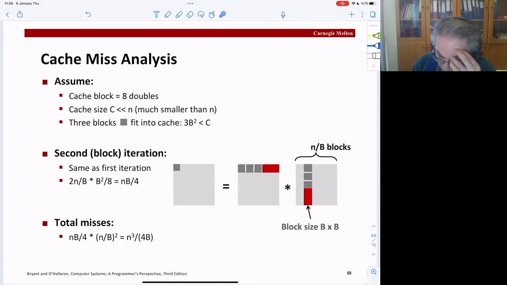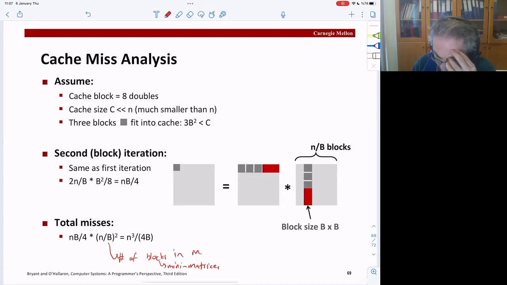So the total number of misses is that to complete each block in C, I will have n times b over 4 misses. And how many blocks do I have in matrix C? Here, blocks are kind of mini matrices. Don't confuse these blocks with the data block of the cache.